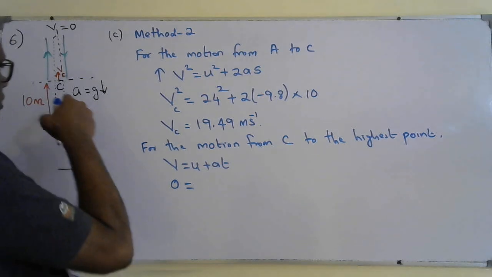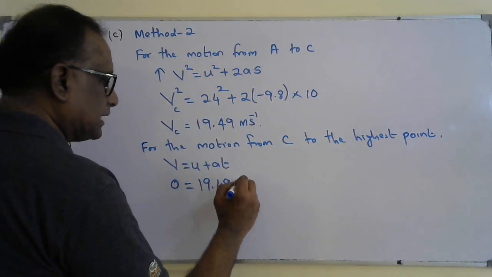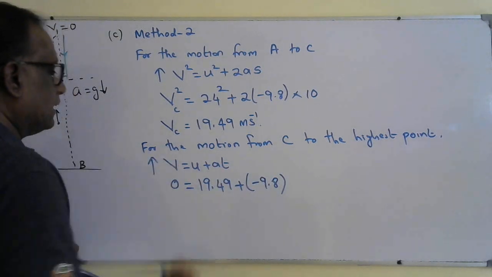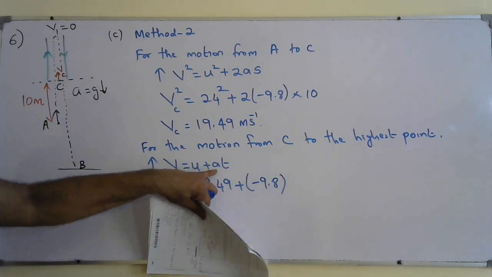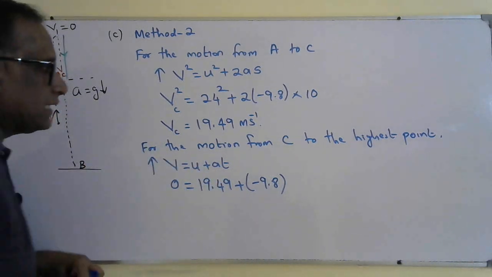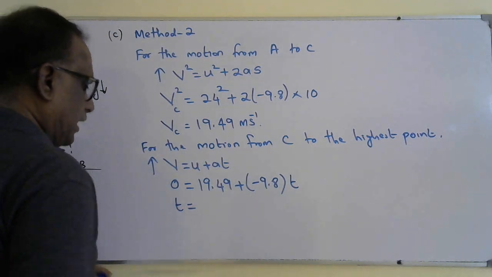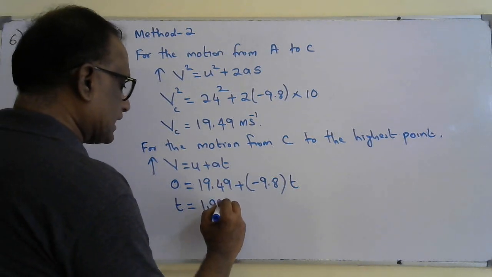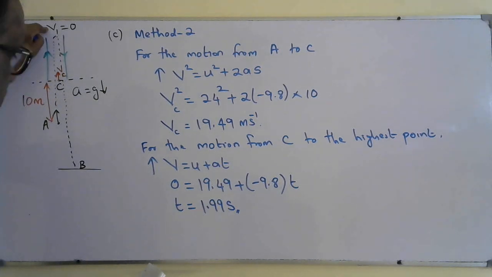The initial velocity is the velocity at C, that is 19.49, plus a is minus 9.8, because I'm using the upward direction as positive. a is downwards, so minus 9.8, and find the time t. So solve it, and you'll get 1.99 seconds. So that's the time taken to move from C to the highest point.